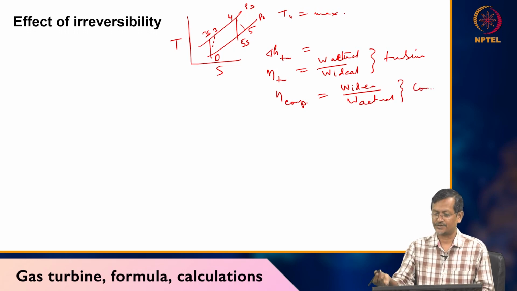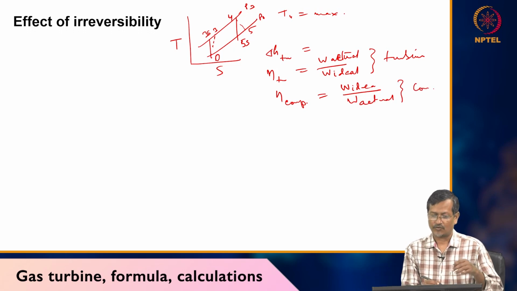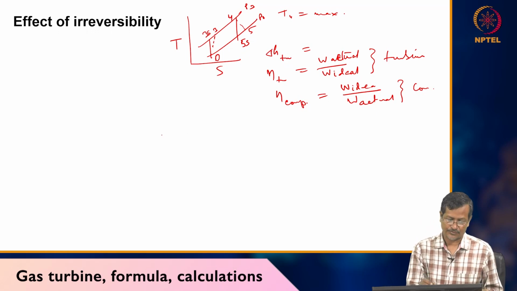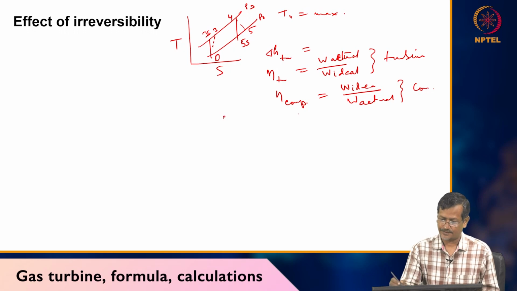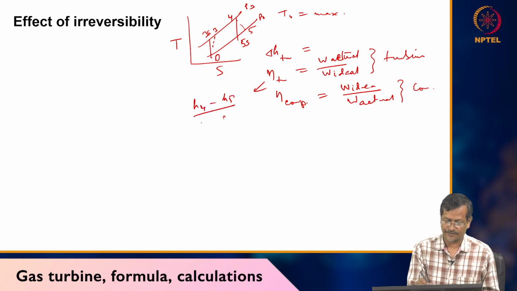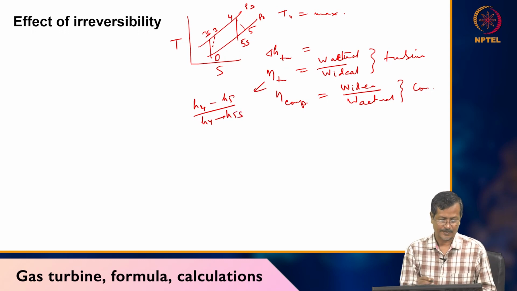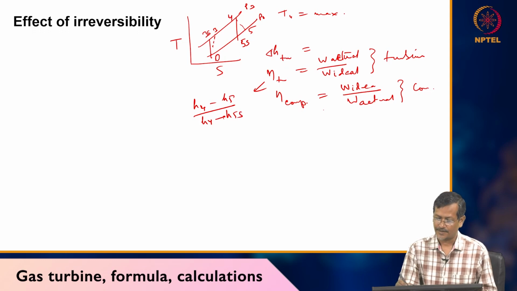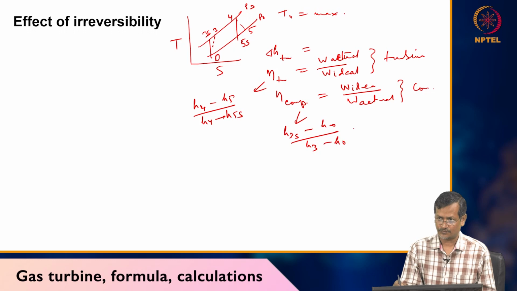You can see the formula is opposite, because the compressor will be taking more energy, the turbine will be giving less energy. That's why this is opposite. So eta turbine becomes (H4 minus H5) divided by (H4 minus H5s). Now for the compressor, this formula will be (H3s minus H0) divided by (H3 minus H0). Okay.